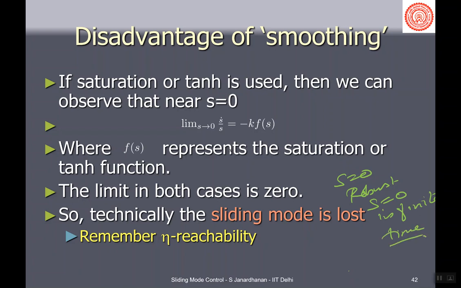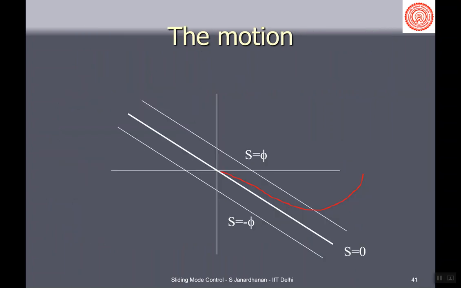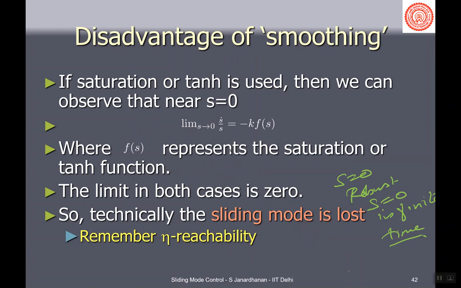If you go back, you will see that it never reaches S equal to 0. It goes into the band, very close to S equal to 0, but never reaches it. So all these robustness properties, for which we went through so much hassle, are not achieved. Technically, sliding mode is not there at all.